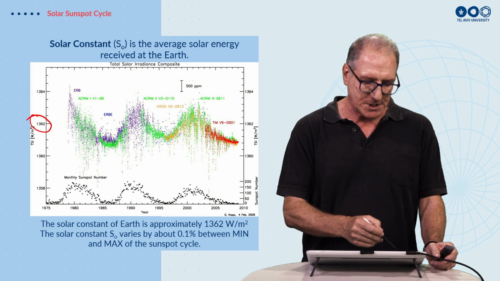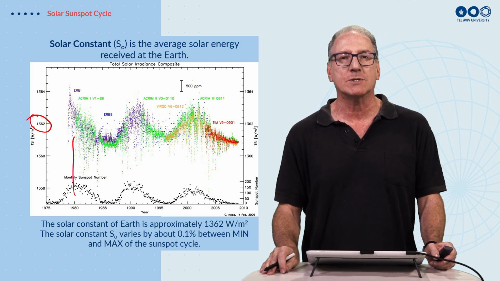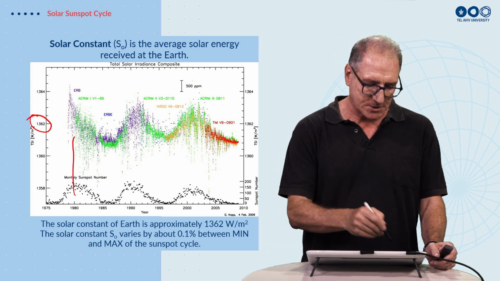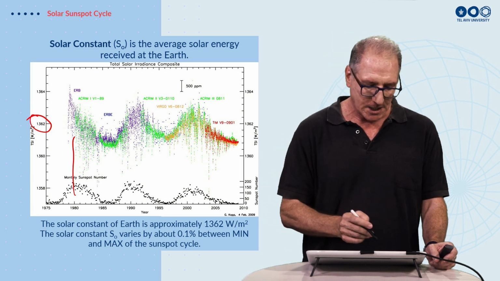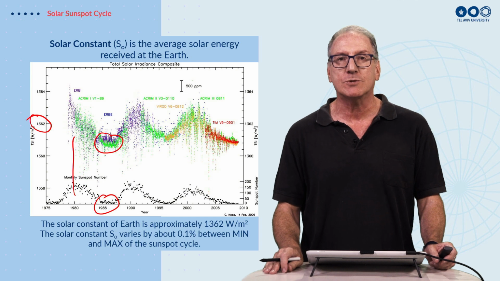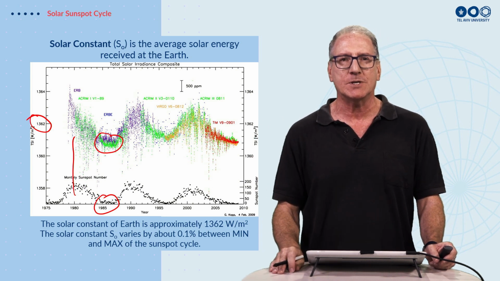And in fact, at the peak of the solar cycle, where we have most of the sunspots, we actually have lots of variability. These dots are spread over quite a large range in the amount of energy coming from the sun, compared with the minimum of the solar cycle, where we have very few sunspots, where the sunlight is very stable and the energy is very stable.